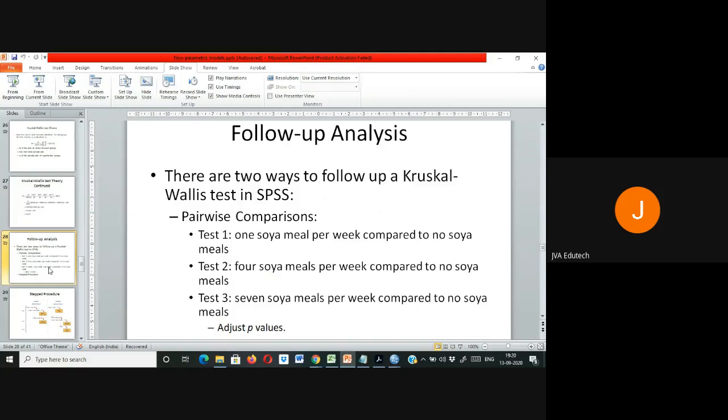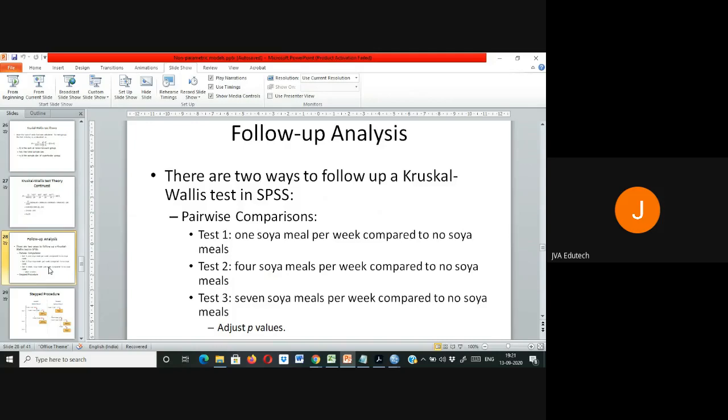So we'll be getting an overall result, and somewhere we need to tease apart these overall effects. The simplest thing that we can do is to compare every pair of groups individually, what is also known as pairwise comparisons.